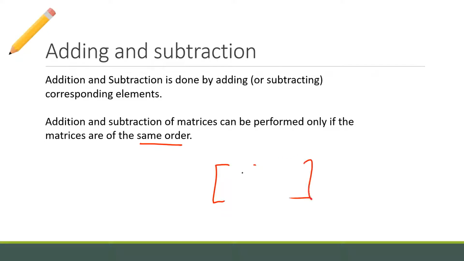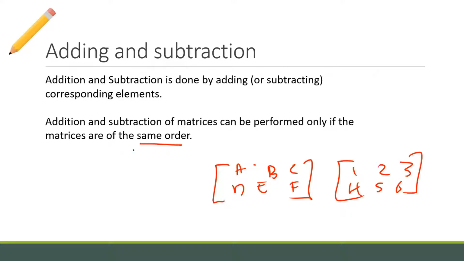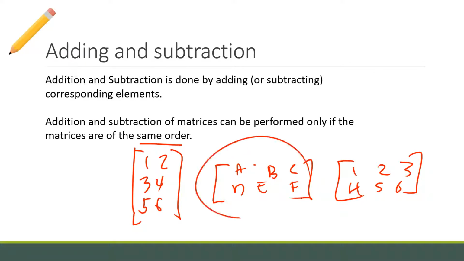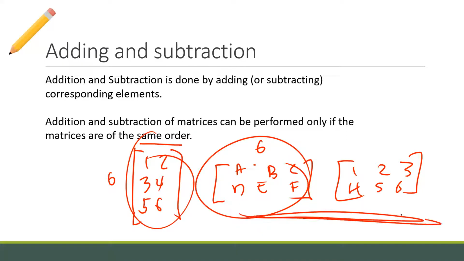So you can add a matrix like this to a matrix like this, but you can't add it to one like this. You might say, but look, there are 6 numbers here and 6 numbers here, but it doesn't matter. They have to be exactly the same shape in order to add them.